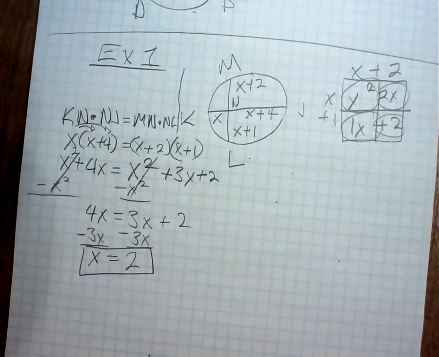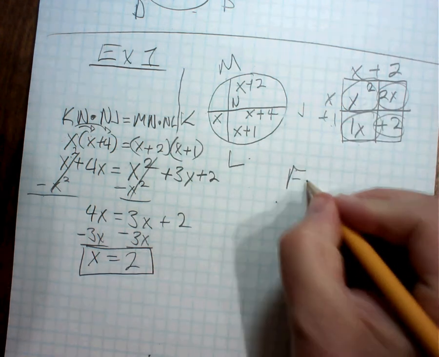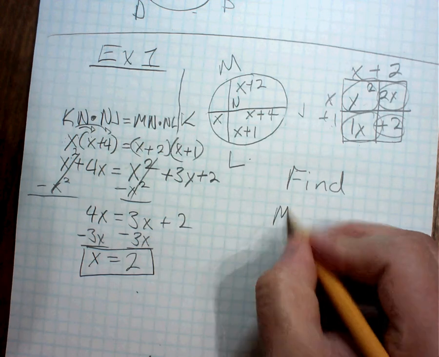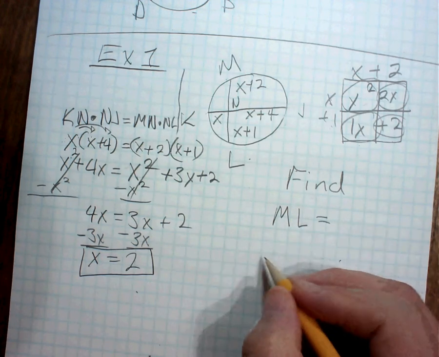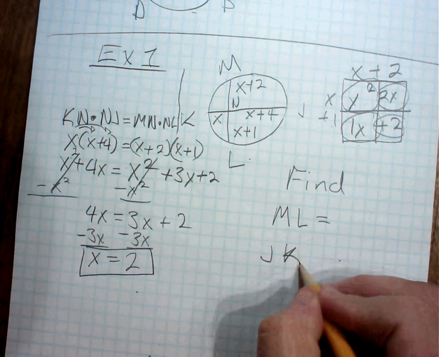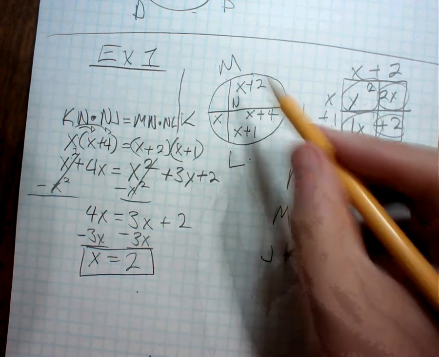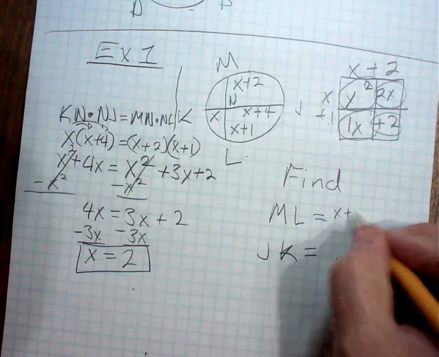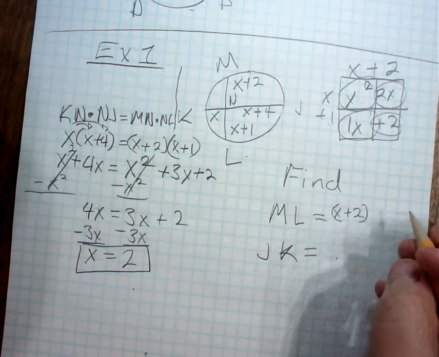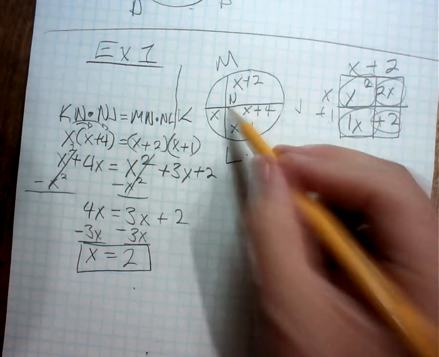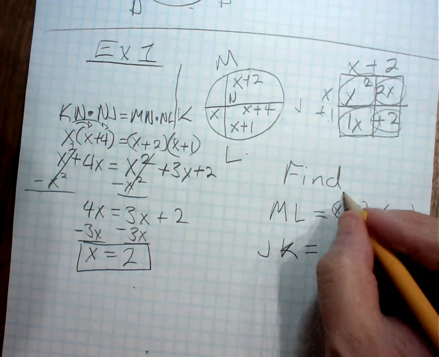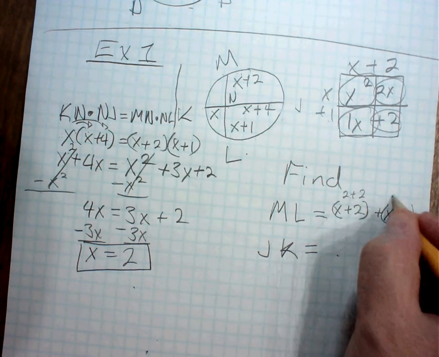Now, if I was originally told to find the length ML and find the length JK. Well, ML is x plus 2, that's this segment here, plus x plus 1. But x is equal to 2, so it's 2 plus 2 and 2 plus 1.